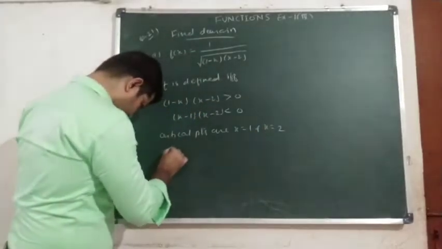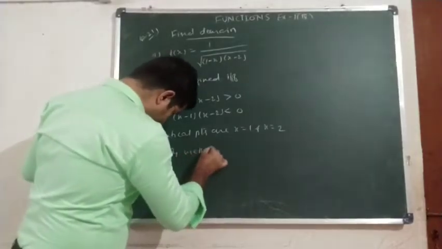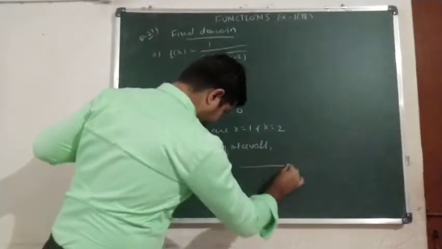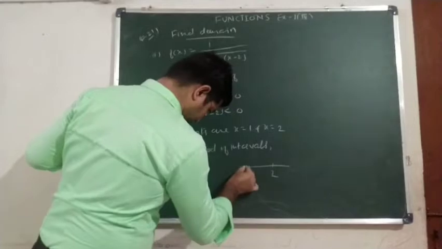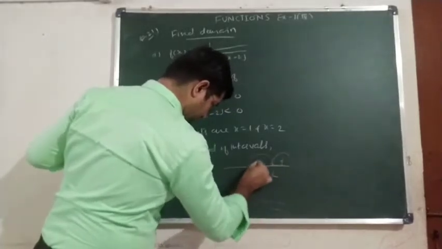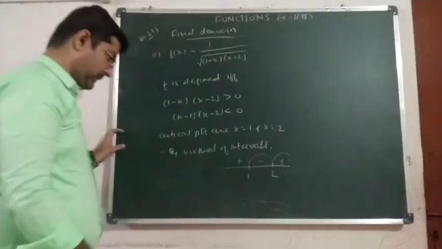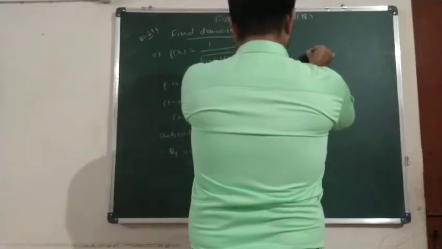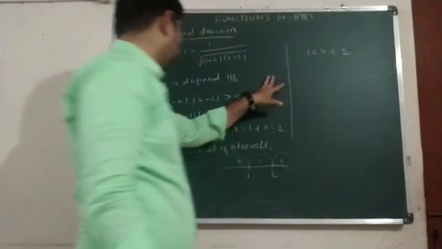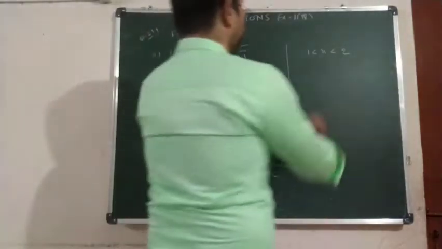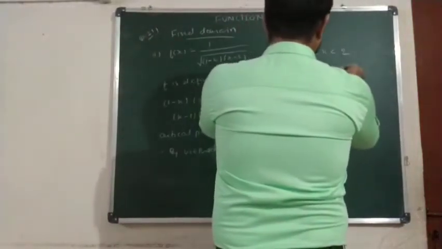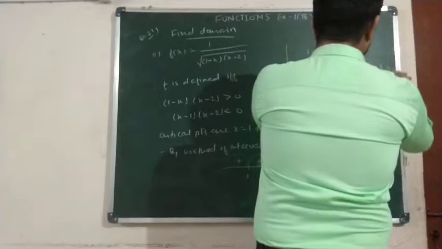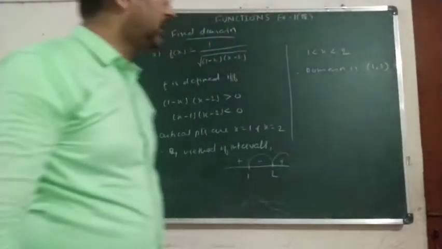So by method of intervals, 1 is less than x is less than 2, and therefore the domain is the open interval 1 comma 2. Please note down.